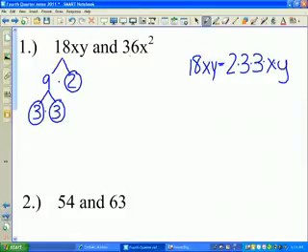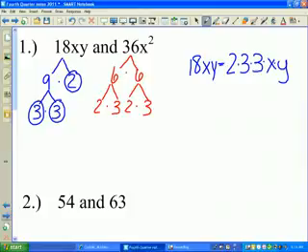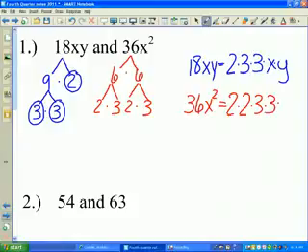So now for the next one, 36, I can use 6 times 6. And then the 6's I can break down because they're composite numbers, which gives me 2 times 3 and 2 times 3. So for my 36x squared, if I put in numerical order, I have 2 times 2 times 3 times 3 times x times x.